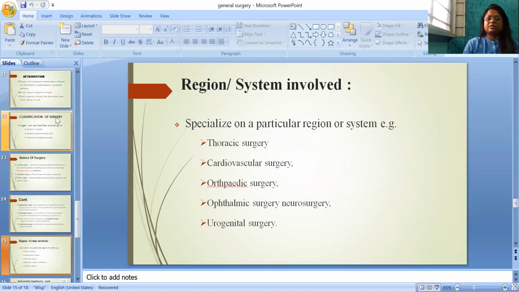Reason or system involved. This specializes on a particular region or system. Under this heading there is thoracic surgery, the second is cardiovascular surgery, and the third is orthopedic surgery.